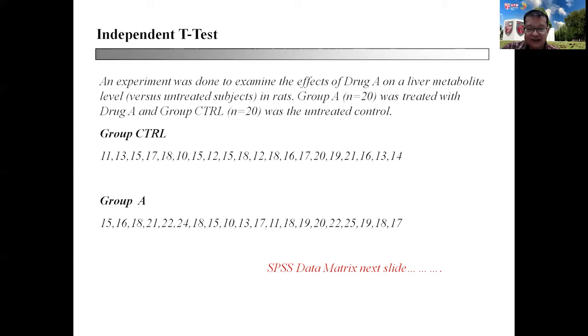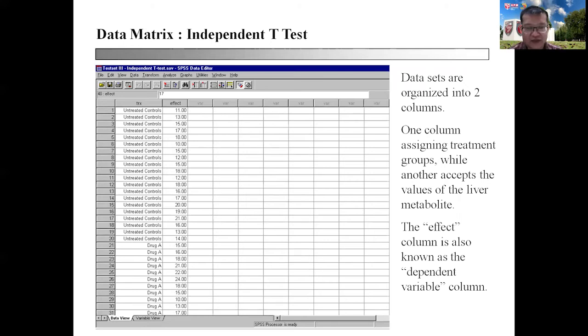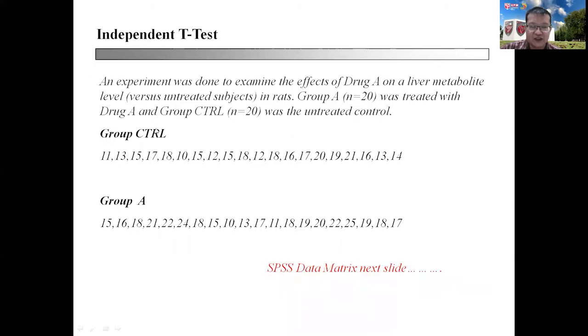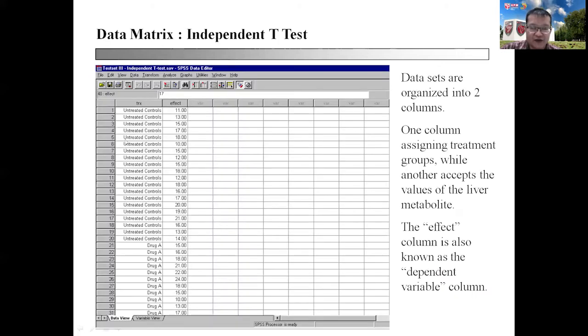So the data matrix is being depicted this way. As you can see, in SPSS, one column is depicting one factor or one variable. So it becomes important for us to use one column to define grouping and another column to define their respective values.